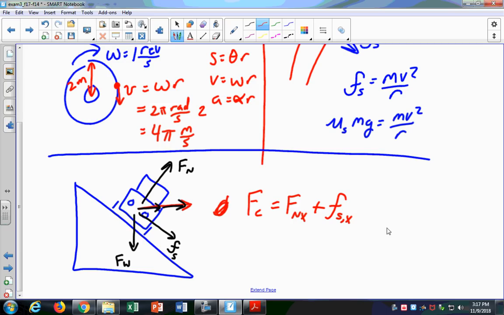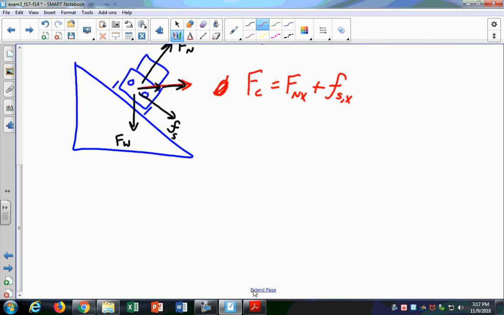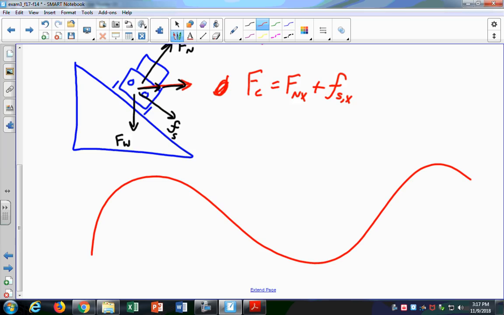All right, what else did we do in that chapter? That's chapter 8. We also talked about the Ferris wheel or the car moving on the roads. Here's the car, like the Mississippi roads. If I have a guy sitting inside this car, he's got two forces acting on him: the normal force and the weight.